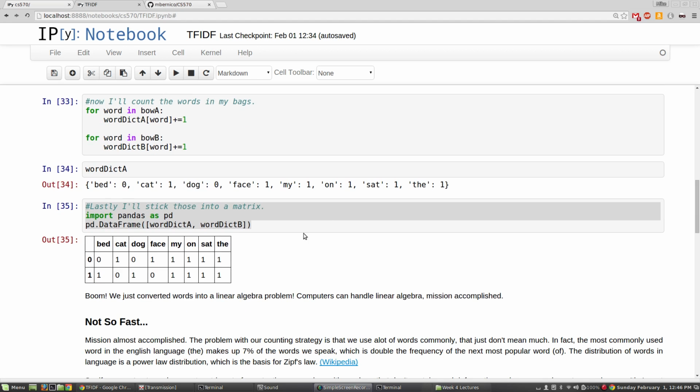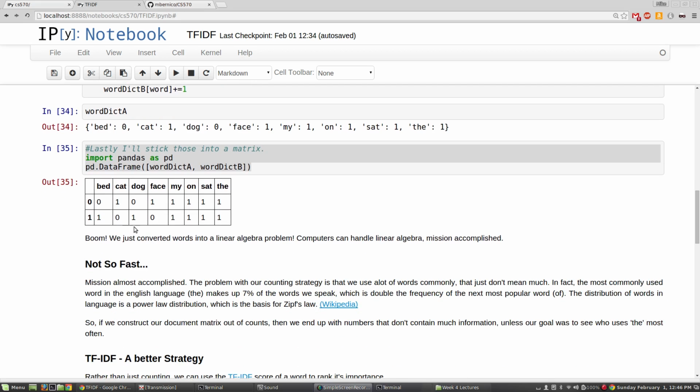All right, so then lastly, what I can do is I can take those 2 dictionaries and I can stick them into a matrix. And here we have that matrix. I'm using pandas for convenience and for readability here, but you could just as easily use a NumPy array. And what this gives me is an example of a numerical representation of both sentences or both bags of words for the computer.